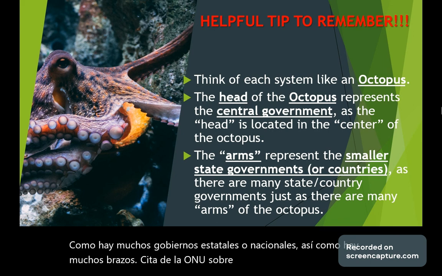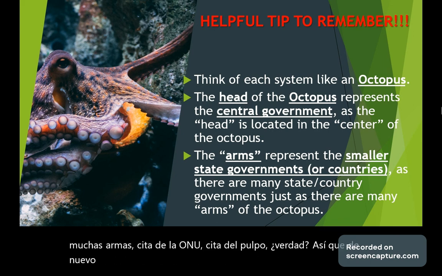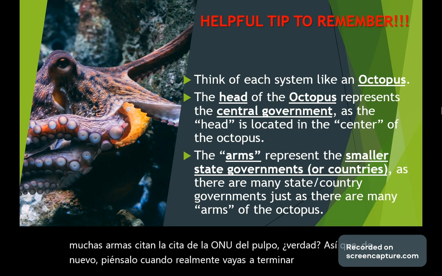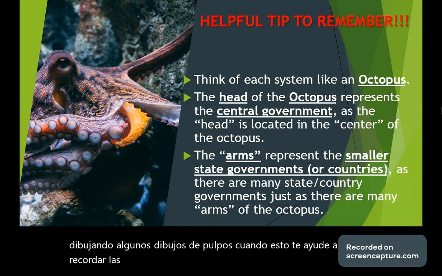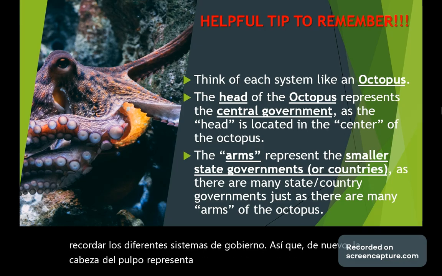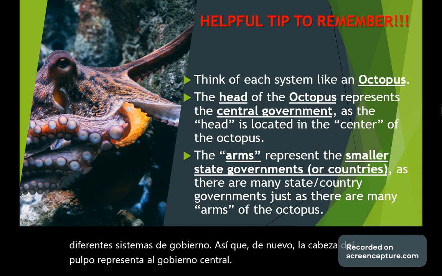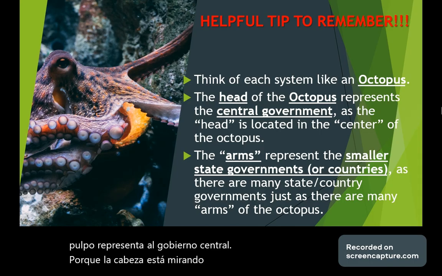So think of it when you're actually going to end up drawing some octopus drawings to help you remember the different systems of government. Again, the head of the octopus represents the central government, because the head is located in the center of the octopus.